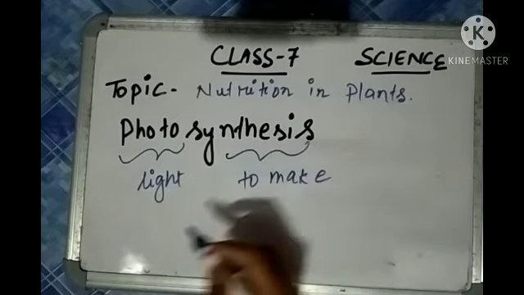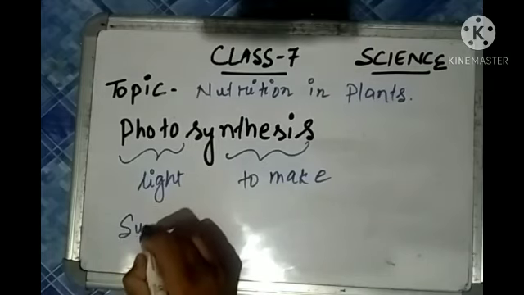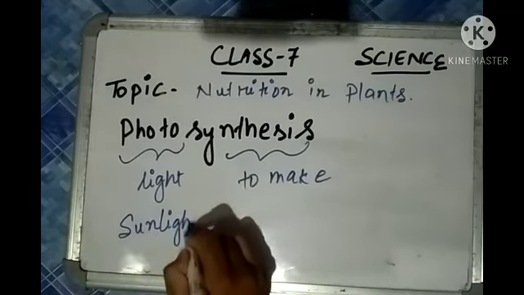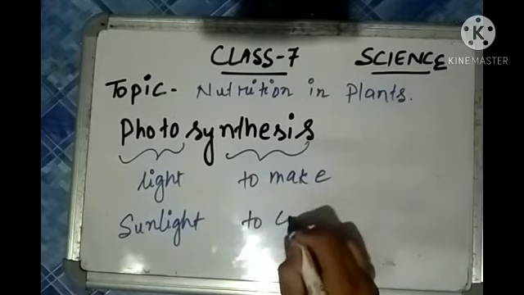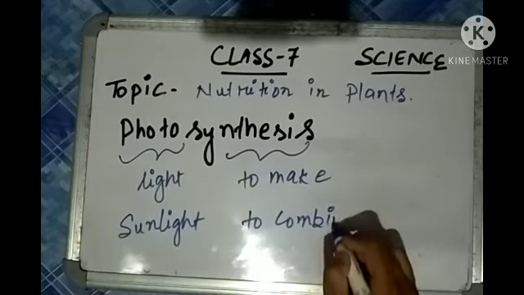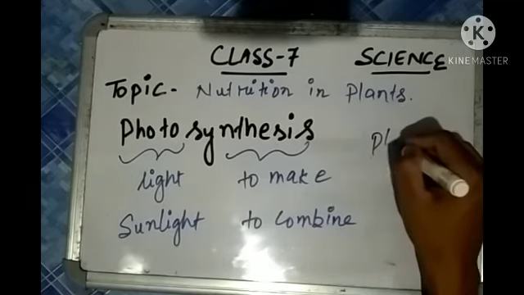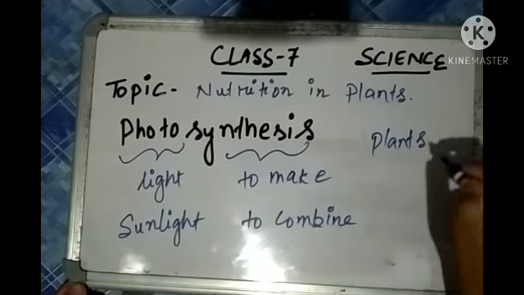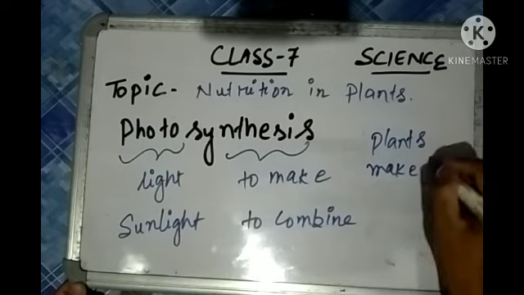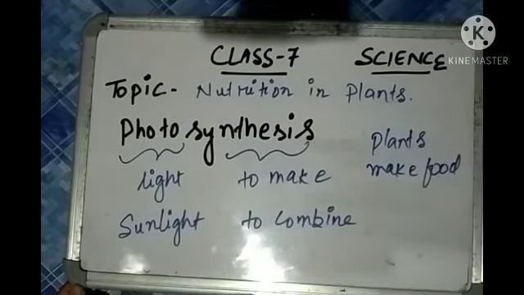In your textbook, photo is given as sunlight and synthesis as to combine. So photosynthesis means plants make food in the presence of sunlight, and so the process is called photosynthesis.